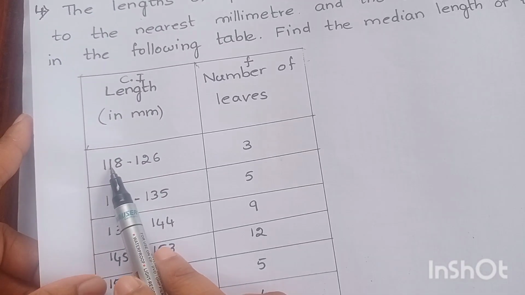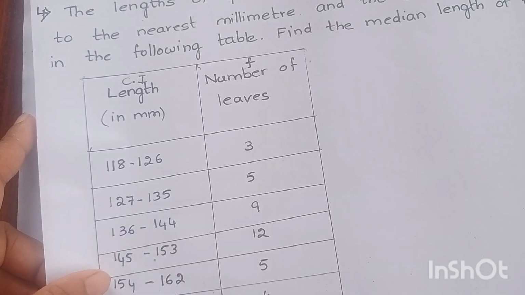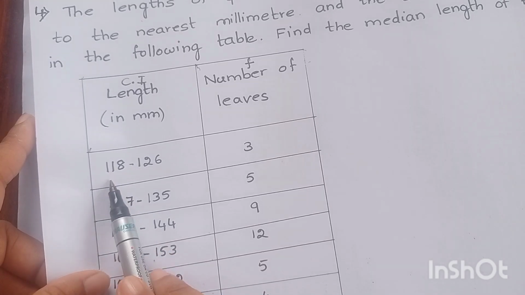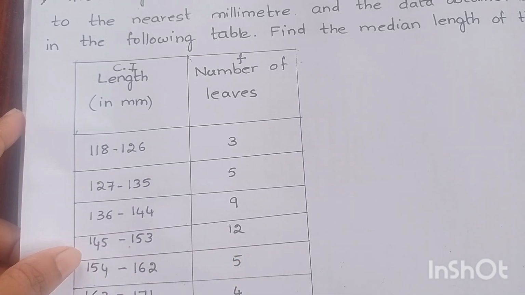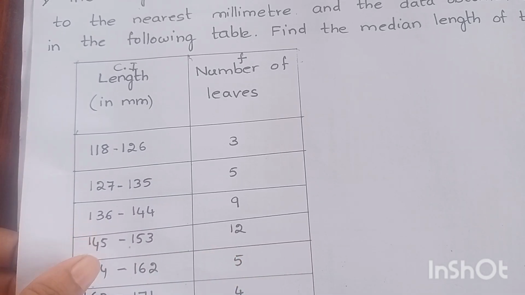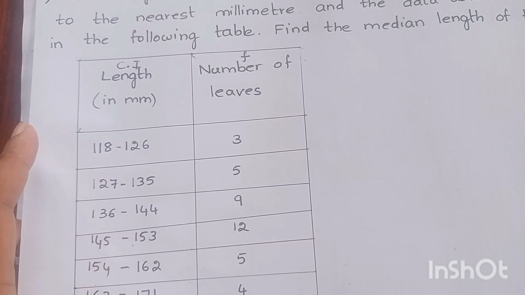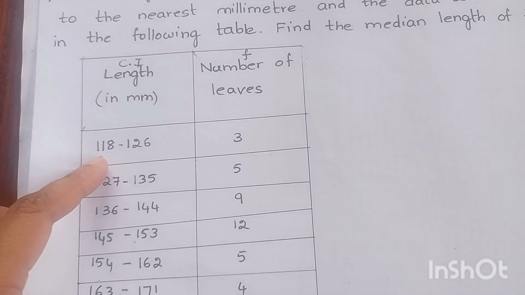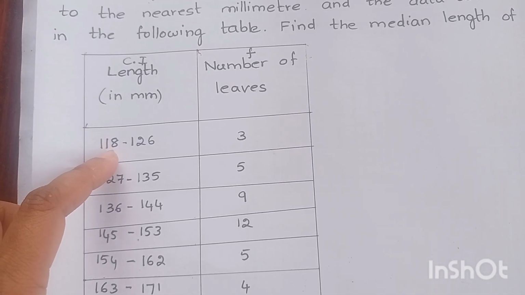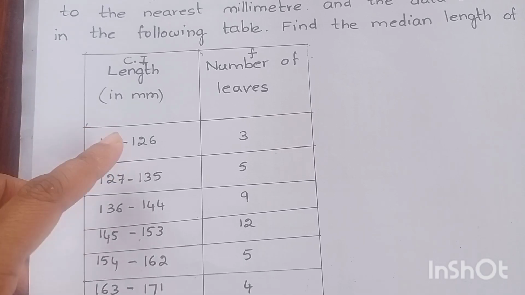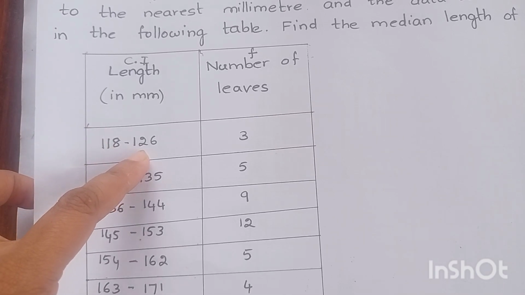The numbers on this side are called the lower class limit, and the numbers on this side are called the upper class limit. To correct the order of the class interval, we have to subtract 0.5 from the lower class limit and we have to add 0.5 to the upper class limit.